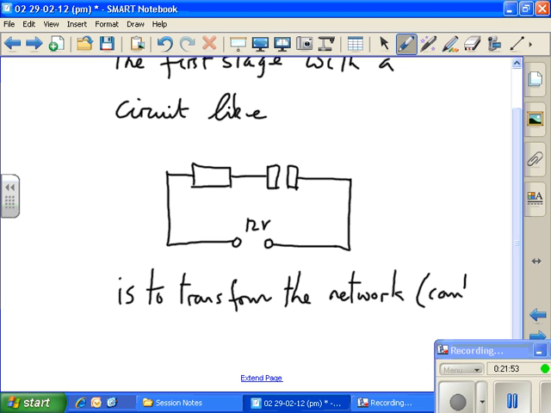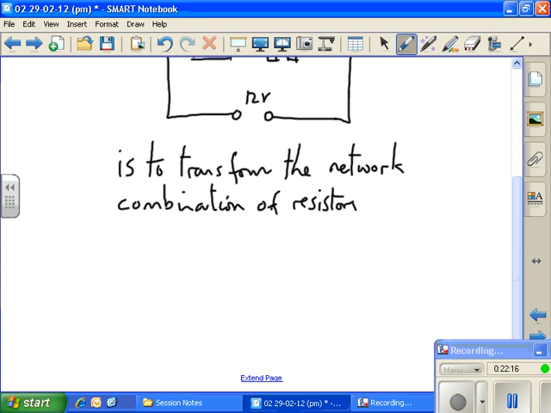So our combination of resistors, capacitors, etc. into their Laplace transforms.